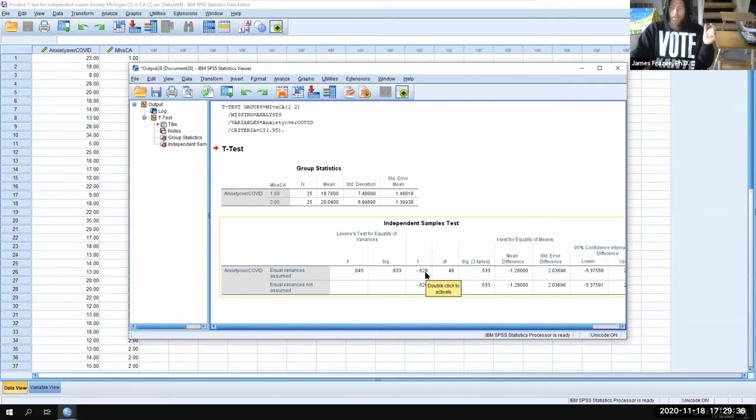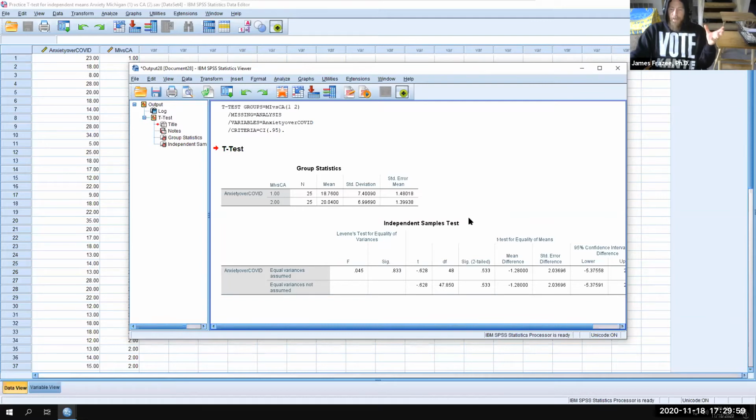Again, how you calculate that is you take the mean from group 1 minus the mean from group 2. That's shown over here, a negative 1.28. And then you compare that to the mean difference, which you would expect from the mu population, and that's a 0. And you divide that by our standard error of the difference, or we see over here 2. We expect 2.